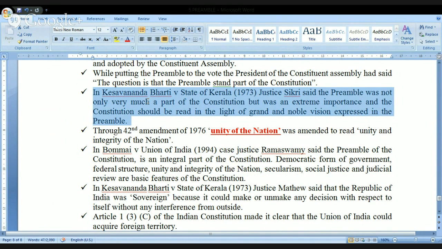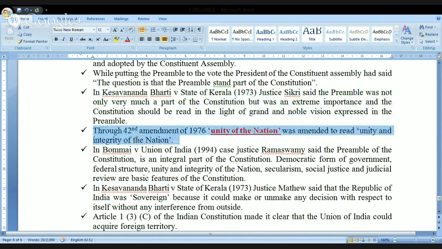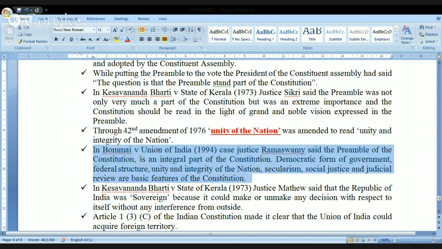Look at this. Through the 42nd Amendment of 1976, "unity of the nation" was amended to read "unity and integrity of the nation." In the Bommai versus Union of India case, Justice Ramaswamy said that the preamble of the Constitution is an integral part.